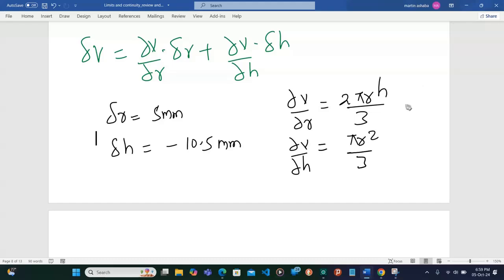But I know r is equal to 25. I know h is equal to 70 millimeters. All are in millimeters.